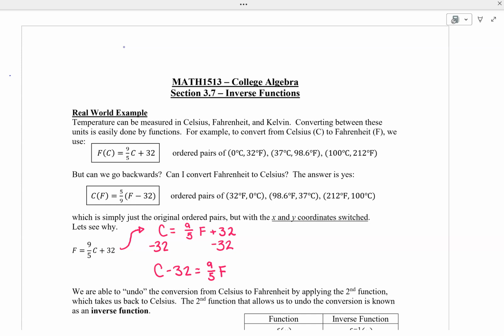The change means we got to multiply, and the flip it means by the reciprocal. So it's a lot easier just to multiply by the reciprocal. So this would be 5/9. The 9s would cancel and the 5s would cancel. So what you do to one side, we do to the other side. So notice we have F equals 5/9 C minus 32, which is exactly what we have right here. And that is why that works.